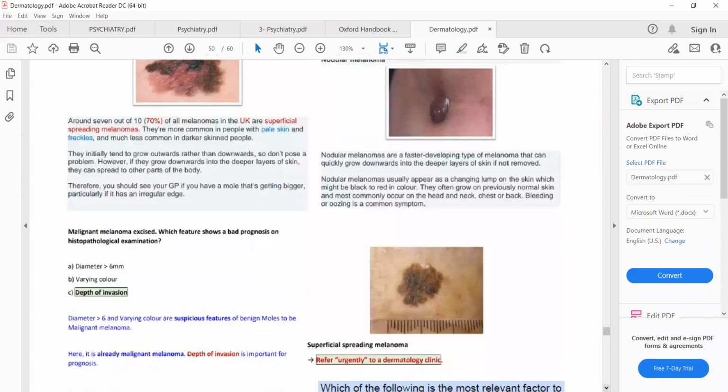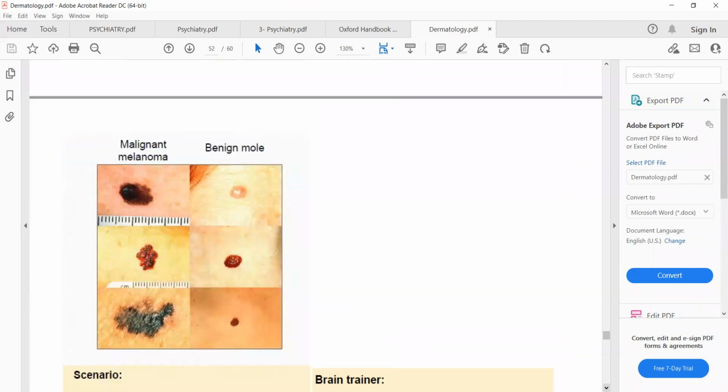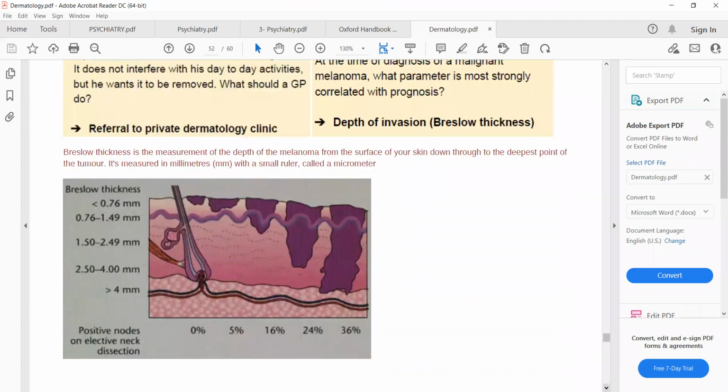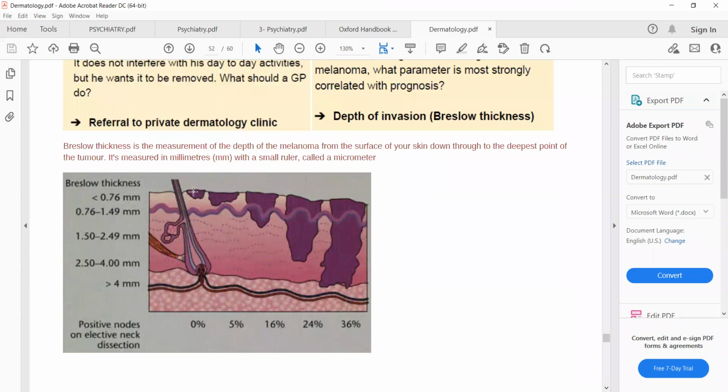You can see in this diagram, let me show you. These are the different types of melanomas that are shown. You can see that the depth of this melanoma or the vertical growth is increasing.